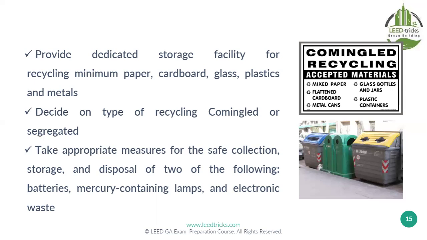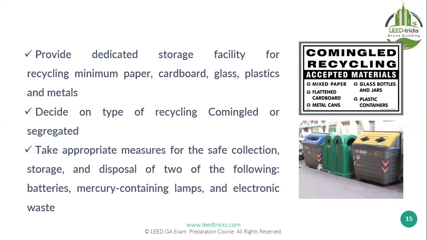And in real life, in projects, when you have a big project you make a contract with the waste hauler, the company who takes the waste, and they will divide the waste into two types: organic and inorganic.